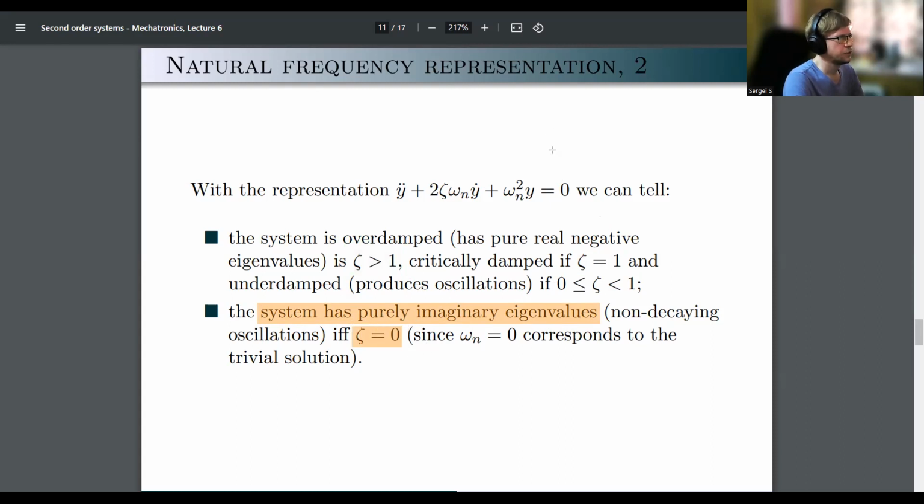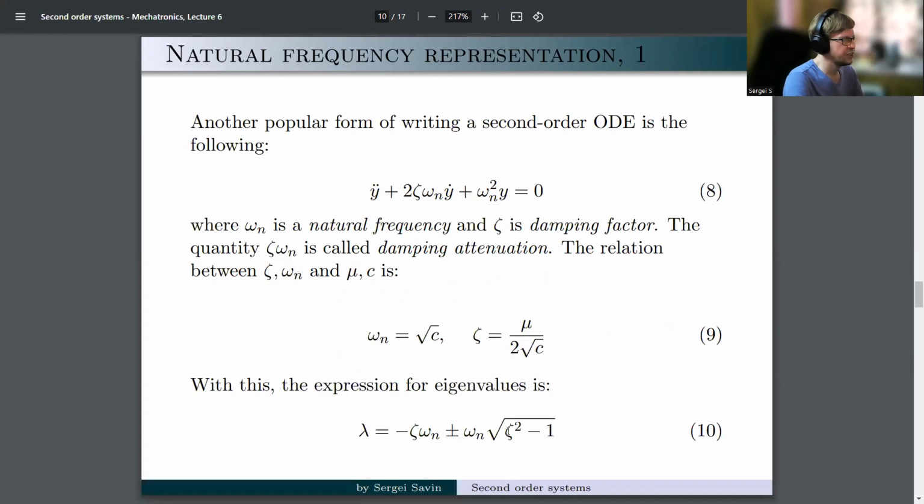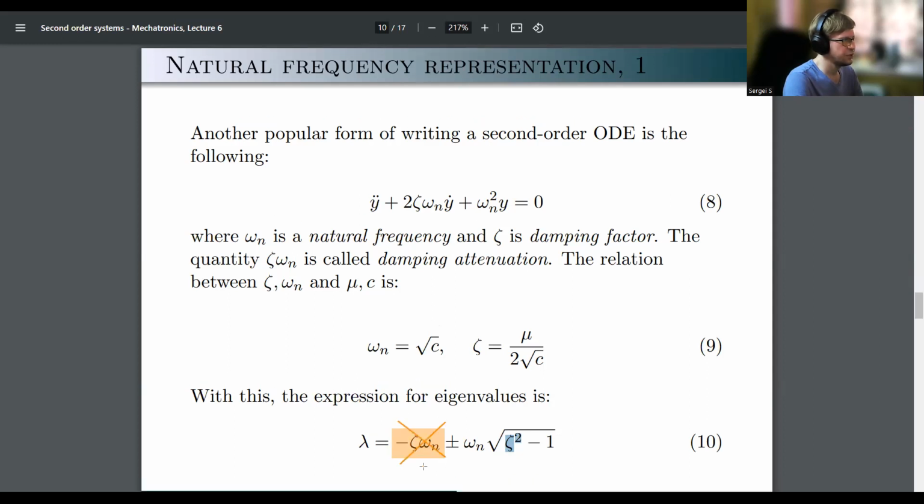All right. Let's look at this just for a second. So if this guy is equal to 0, what it means is that this guy is also equal to 0, right? So if z is equal to 0, this guy doesn't exist. So we don't have a real part.